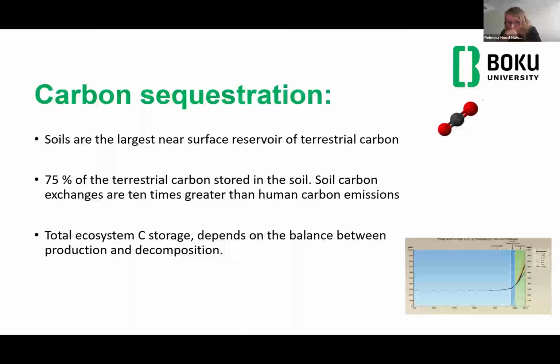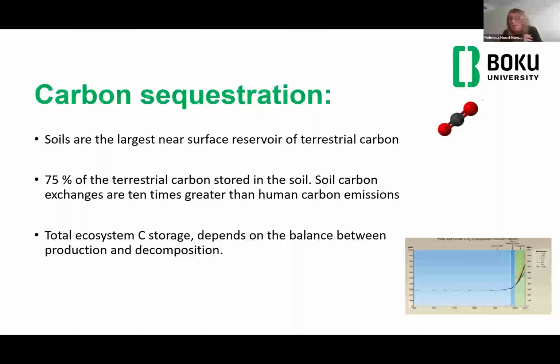And the soil carbon exchange, the amount of emissions and drawdown of carbon, is 10 times greater than that of all the human emissions of CO2. So that cycle is far greater than what we're emitting with CO2.